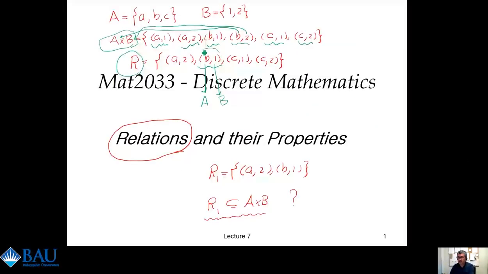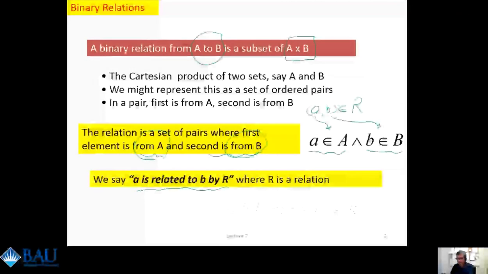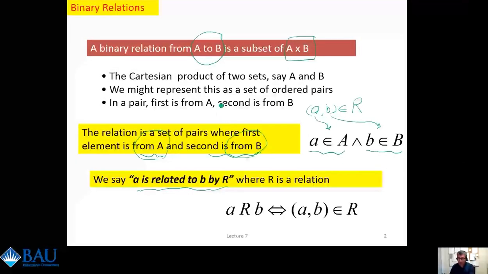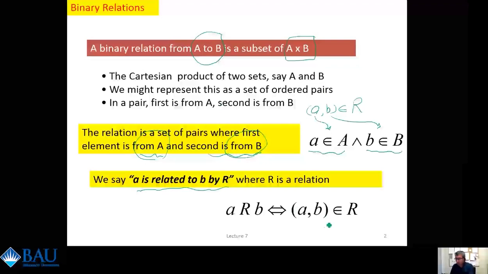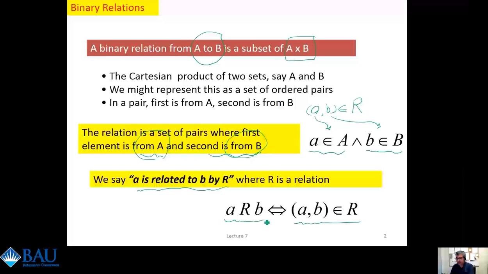Here we said that B and 1 are related, B is related to 1. And also here we can talk about C and 2. We said that C is related to 2 because those are elements of the relation. We can show it in two ways: we say (a, b) is an element of R, or we say a is related to b.